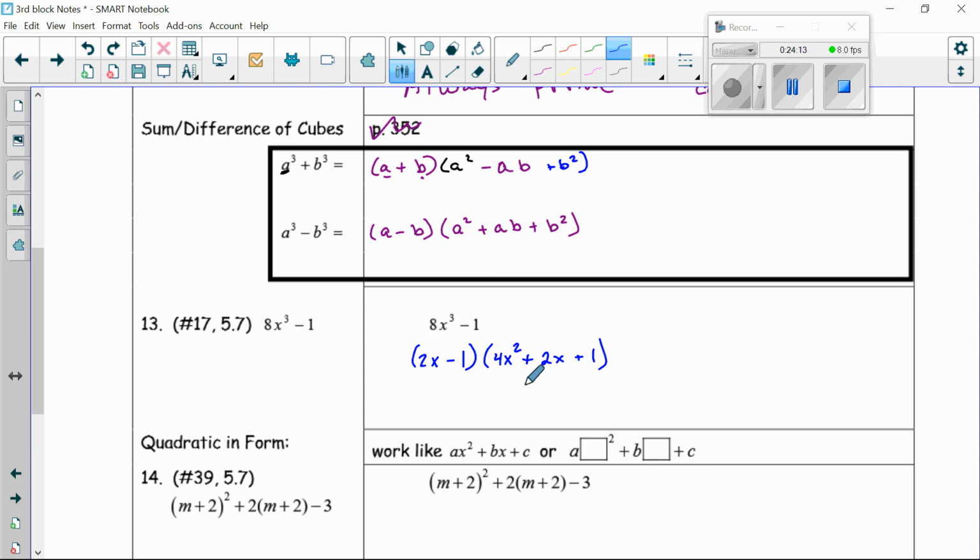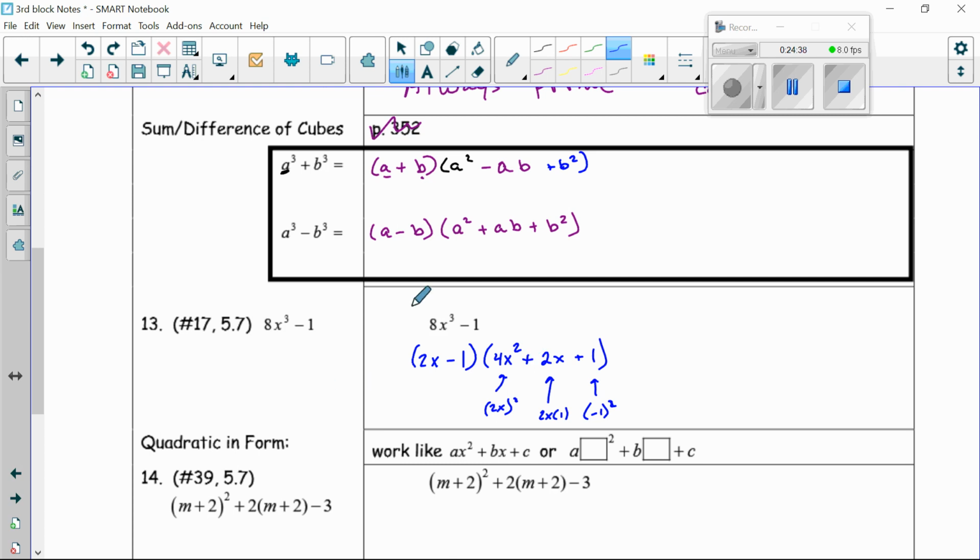That trinomial will never factor further. Keep in mind this is 2x squared here, I squared my first term. This is negative 1 squared. And this is 2x times 1. Ignoring the sign on that one, we use the opposite sign.